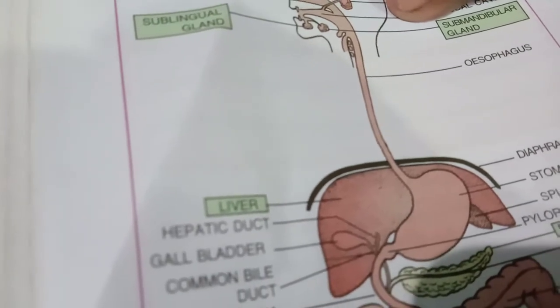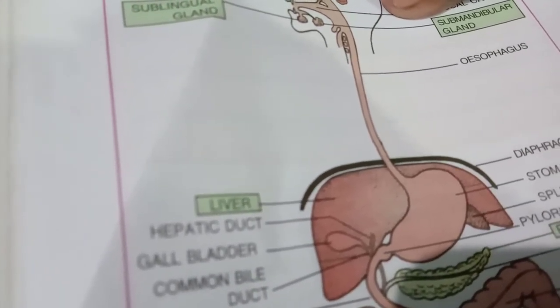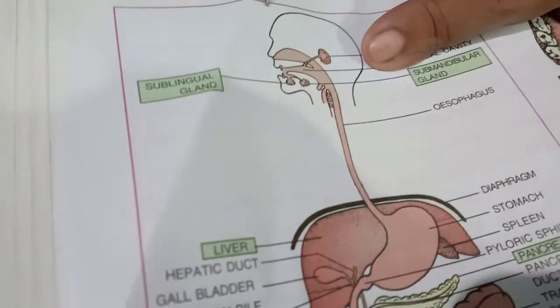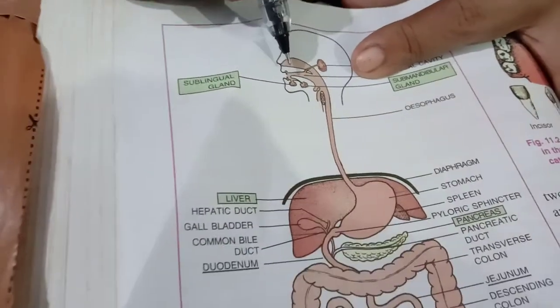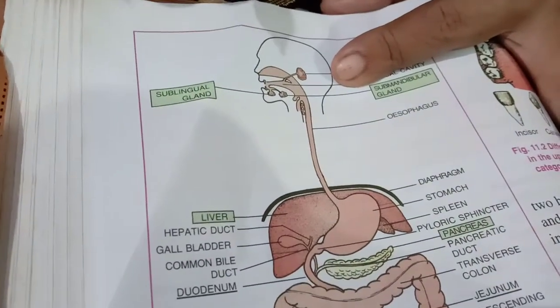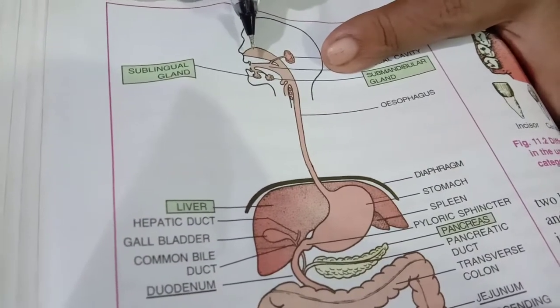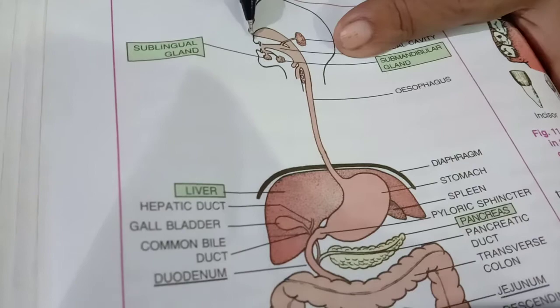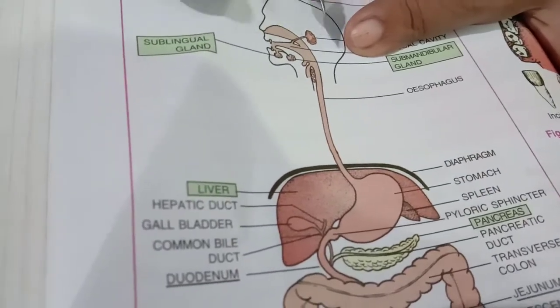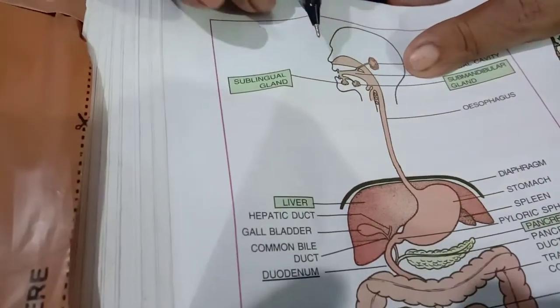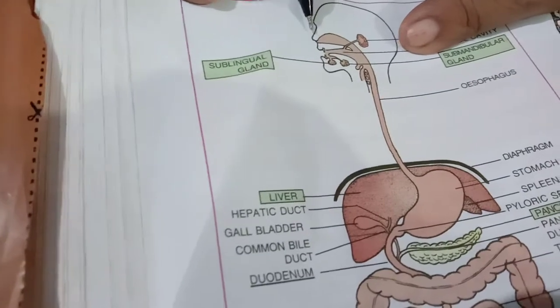Got it? Inside it, you have the buccal cavity or the mouth, which consists of the tongue and the teeth. What is the role of the tongue? It has taste buds which provide taste. Moreover, it helps in mixing of the food and it acts as a lubricant.